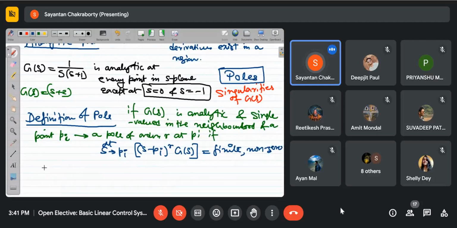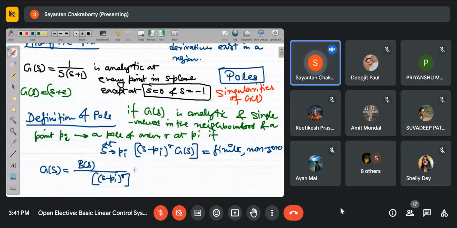What does that mean? If this G(s) contains a factor like this, so it has a pole, at least these poles are there. When you multiply this by (s minus p_i) to the power r, this will get cancelled out.